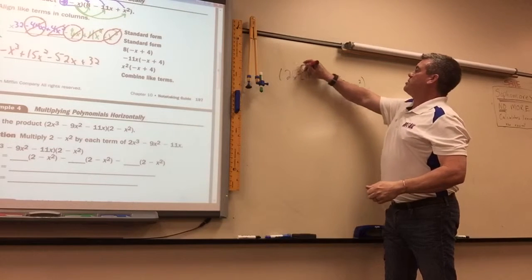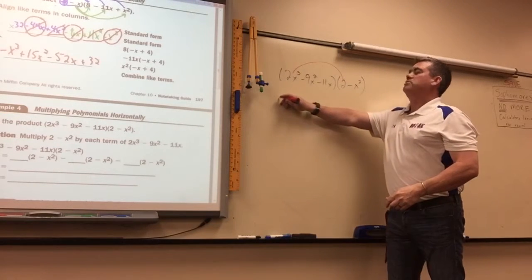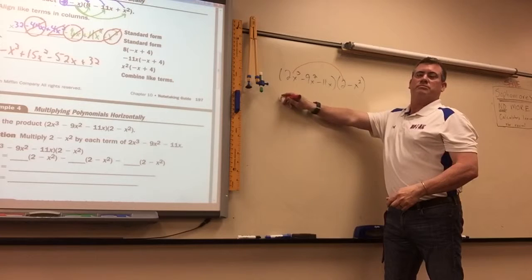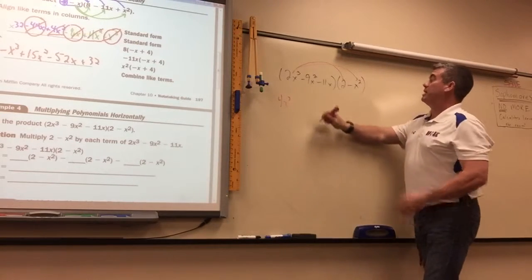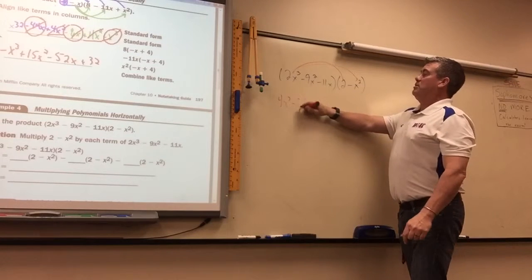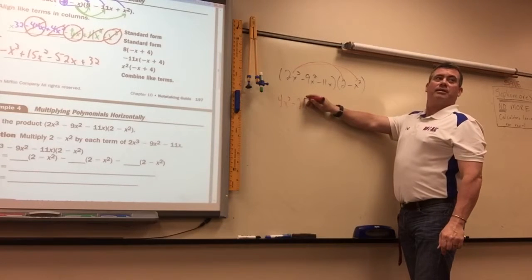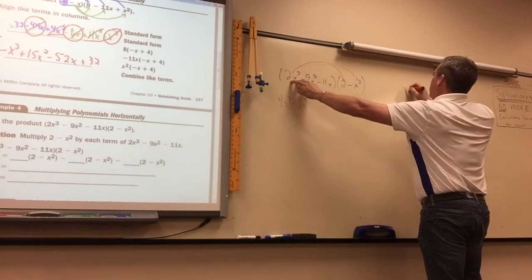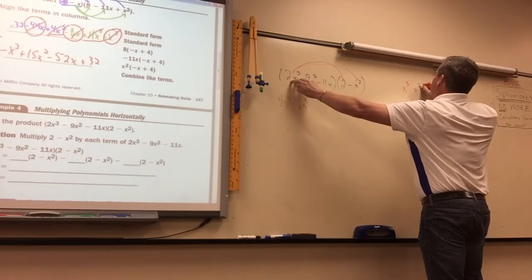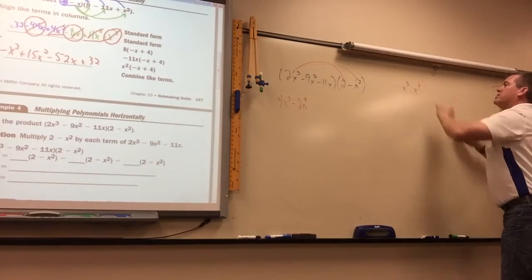So take the 2x cubed times the 2. What's that? 4x cubed. And then the 2x cubed times the negative x squared is negative x to the fifth. Remember the property: when you multiply exponents with the same base, you add the tops.